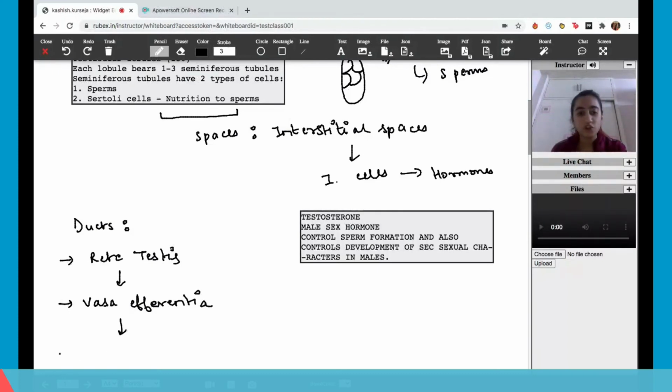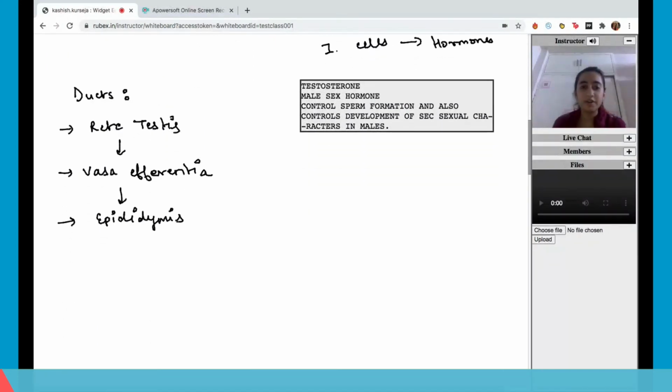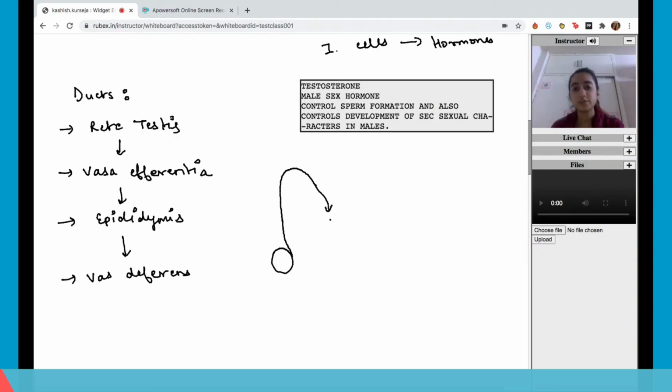Vasa efferentia opens up into the next duct, epididymis. And finally, epididymis opens up into the final duct, which is vas deferens. The vas deferens, which came out from the testes, traveled the whole way, looped around the urinary bladder, and finally released sperms inside the ejaculatory duct. That is where it received secretions.